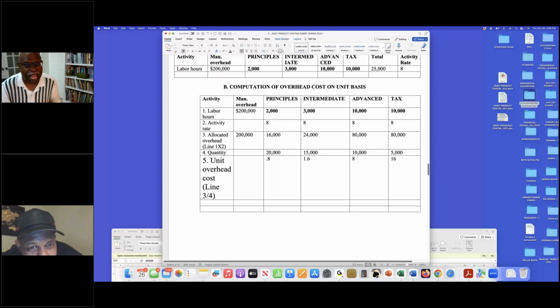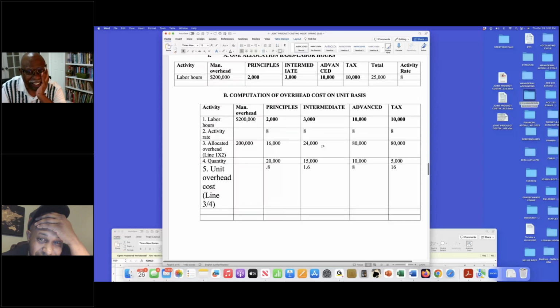Then we multiplied the activity rate by the 8 to get 16,000 as the overhead. How do we get the activity rate? 200,000 divided by all of the books' 25,000 labor hours.